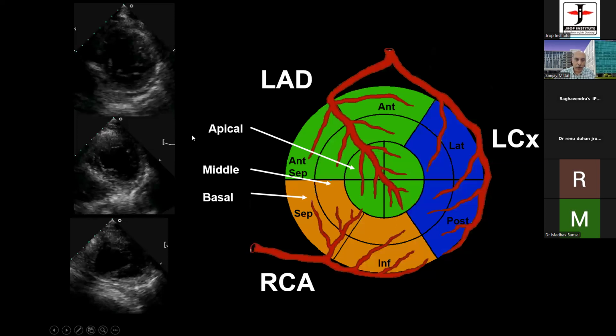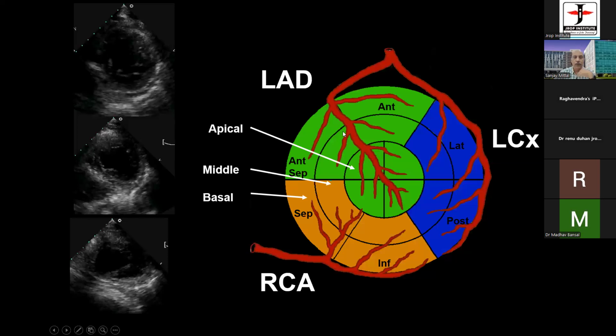In the bullseye plot, the basal segments would be supplied by various coronary arteries. The basal segments are anterior, lateral, posterior, inferior, septum, and anterior septum, six segments. The mid portion is also the same, and the apex has only four, as I had described earlier.